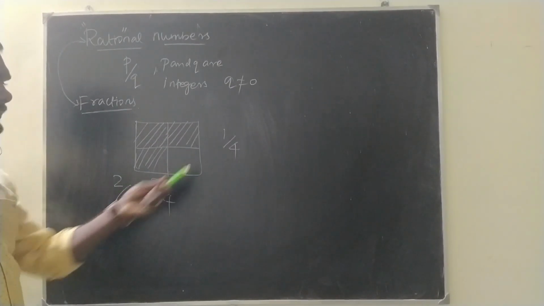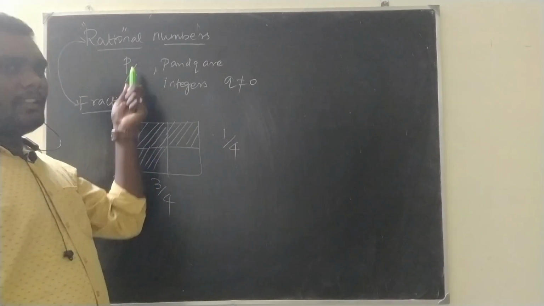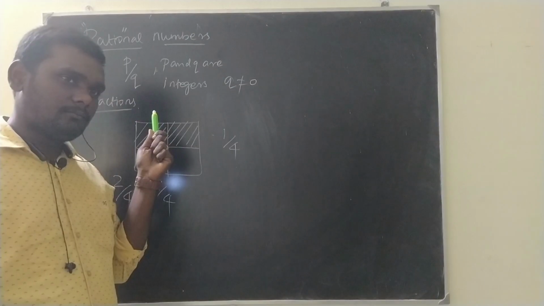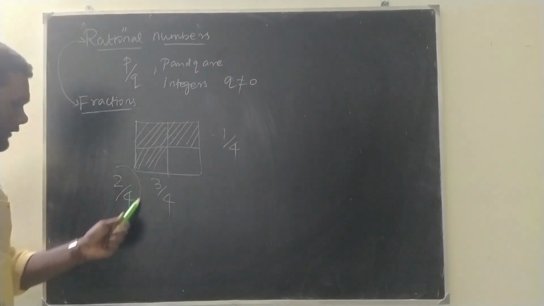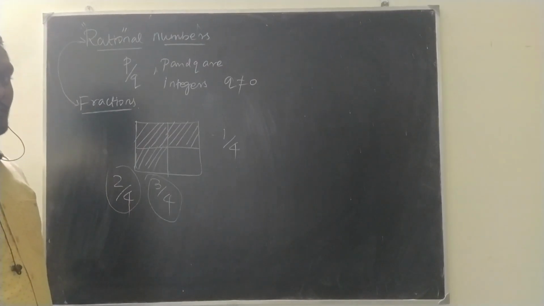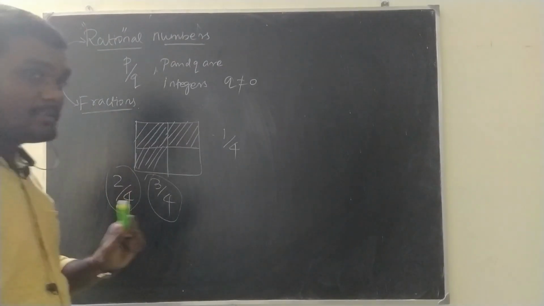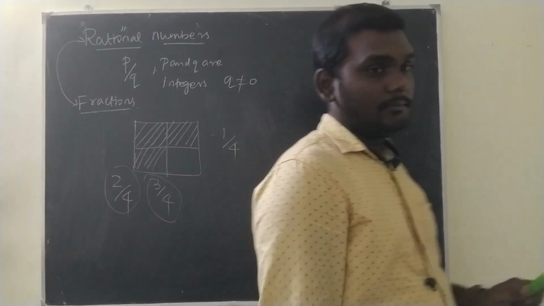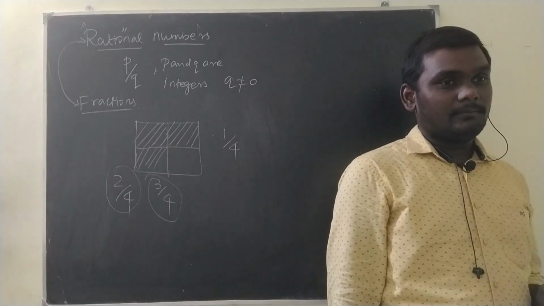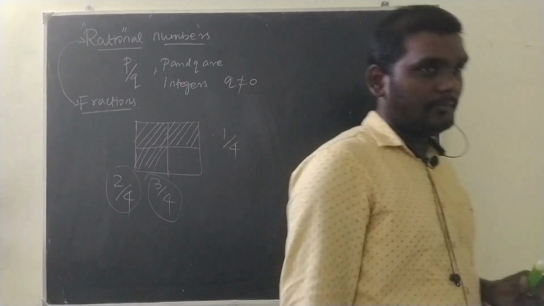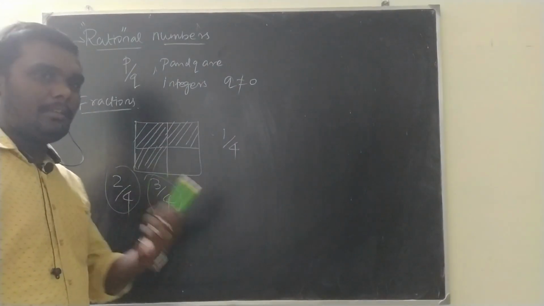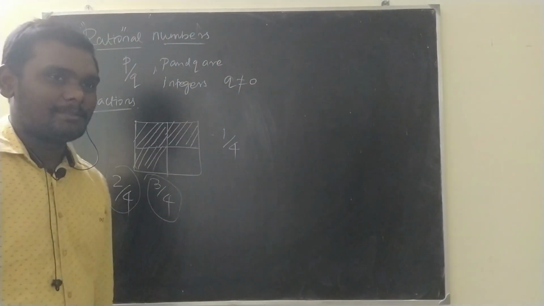They may look the same. See, here I wrote 1 by 4. Is that in the form of P by Q or not? Every fraction is a rational number, but not all rational numbers are fractions. You understand? I simply stated it, I didn't say why.